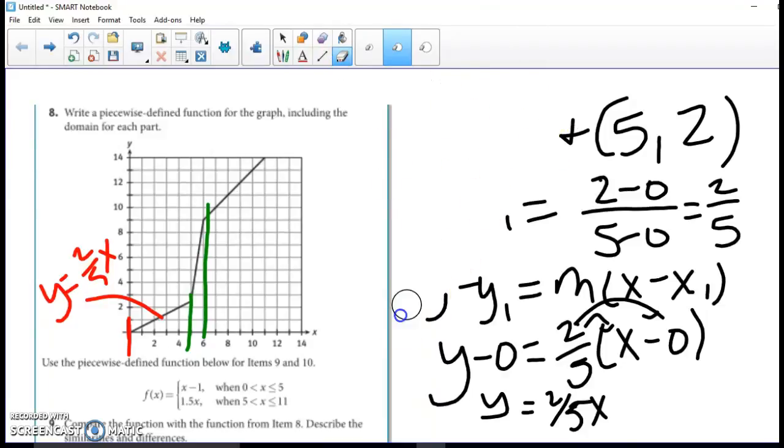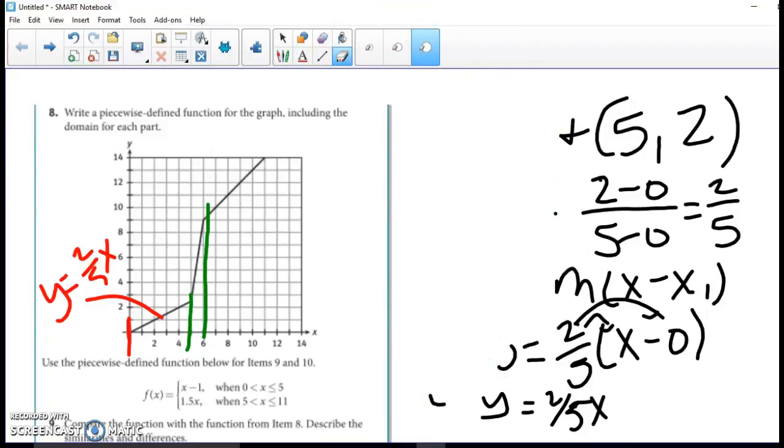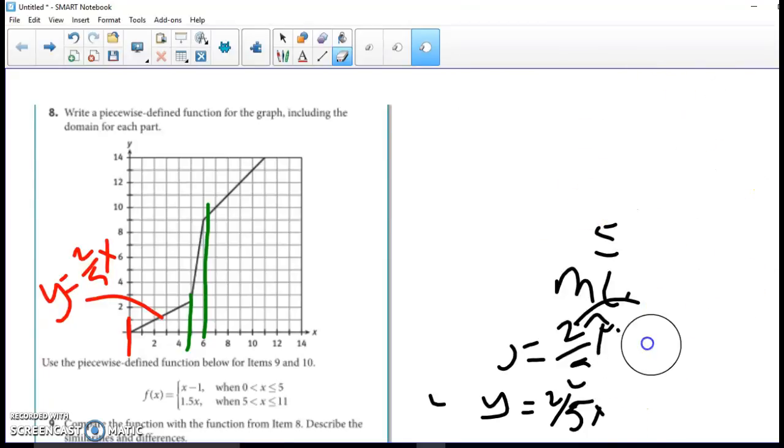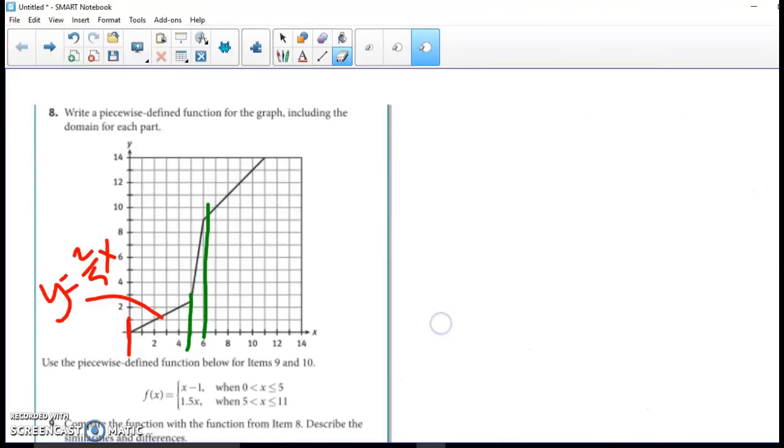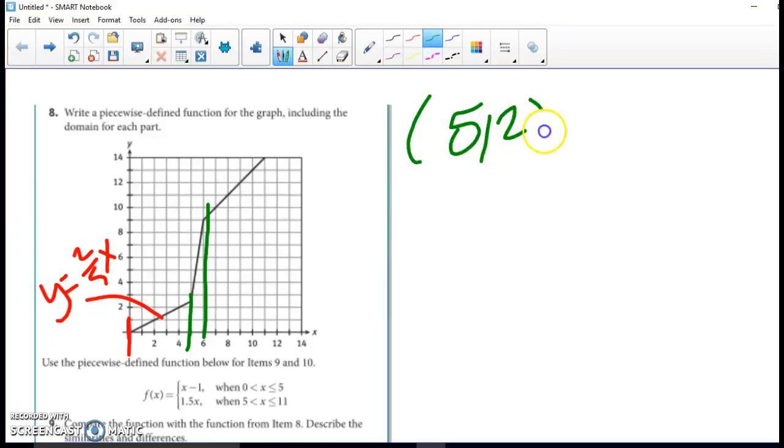So we're going to pick our 2 endpoints. So we have a point at 5, 2 and a point at 6, 9.